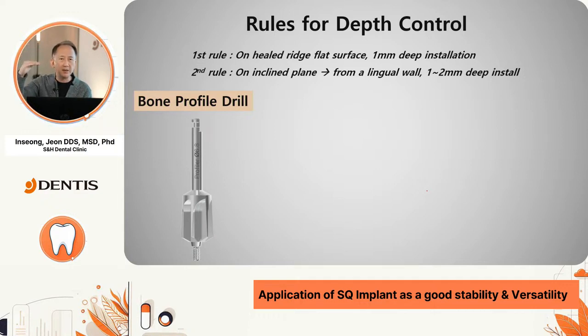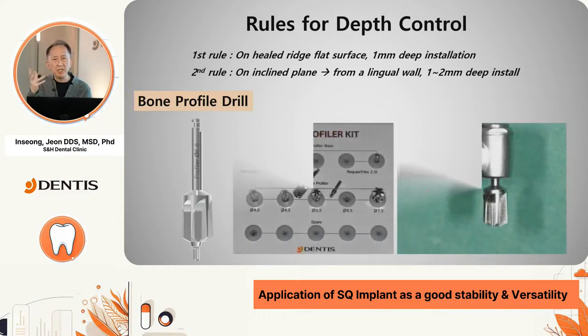In the upper anterior area, 3 to 5 millimeter deeper from the palatal wall. Please change your paradigm. Deep placement is a very, very significant factor, because I have a 25-year result. Just level placement, 1 millimeter deep placement, 2 millimeter deep placement, 4 millimeter deep placement, the results are different.